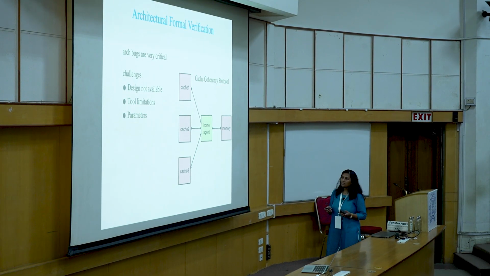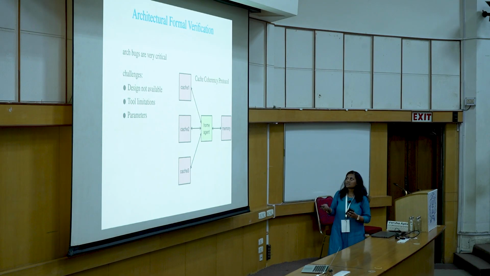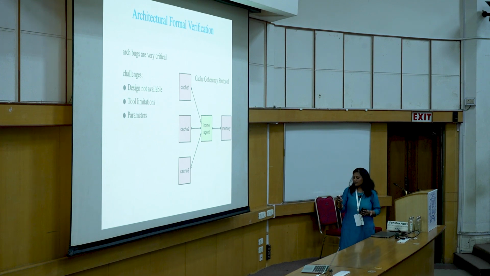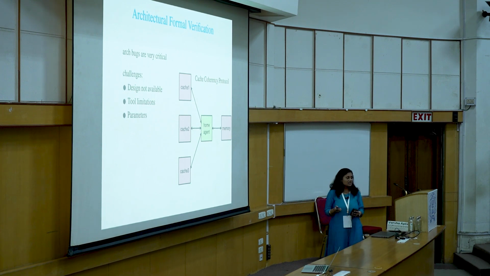So for that, if there is some mathematical intervention which says that we only have to verify this set of configurations, or if we can say that if we verify the system for 3 caches, we do not need to verify it for 4 caches, some mathematical abstraction ideas can be used. Those kinds of problems are quite interesting there. So yeah, these are the problems in industry.